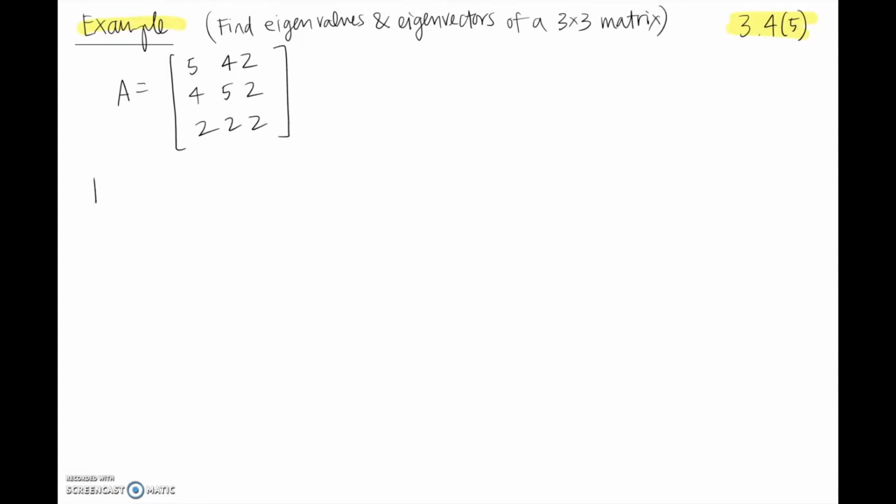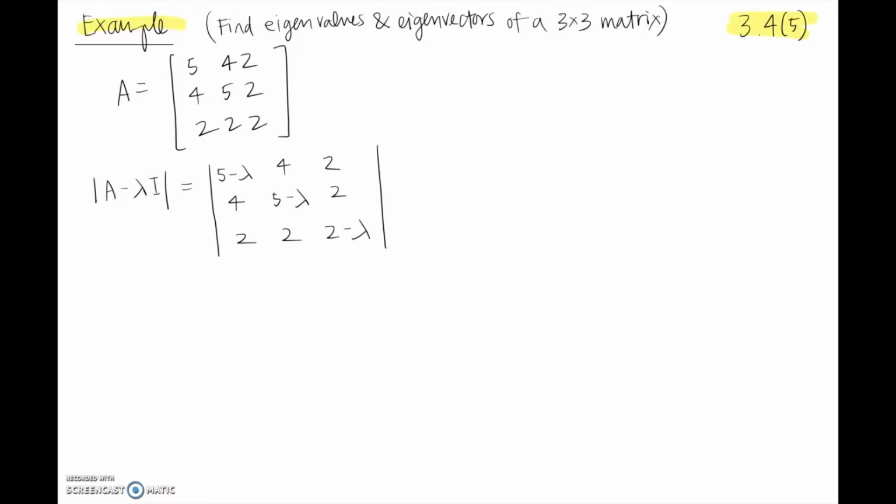So like before, I really care about this quantity here, the determinant of A minus lambda I. I'm looking for those lambdas where this equals 0. And so the determinant of this will be, let's see, I'm going to just subtract off my lambdas. Everywhere else stays the same. 2, 2, 2 minus lambda.